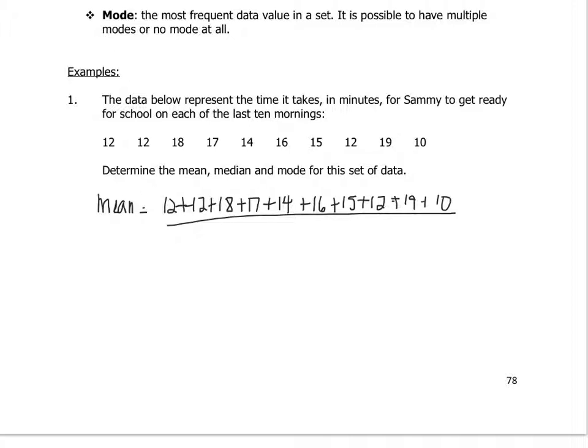There are 10 pieces of data, because the data represents how long it takes in minutes for Sam to get ready on the last 10 mornings. If you add those up, I'm getting 145 over 10, which is about 14.5 minutes.